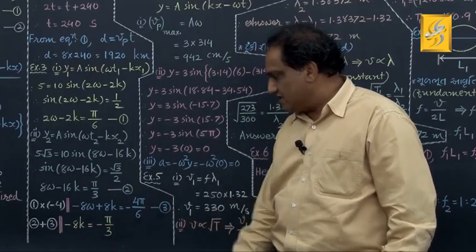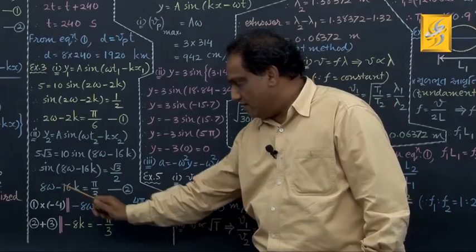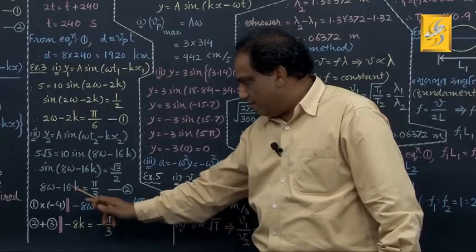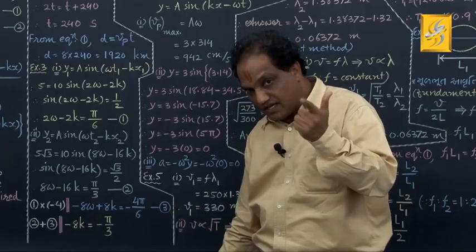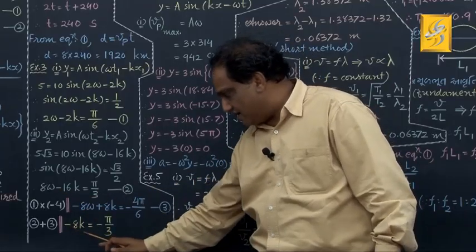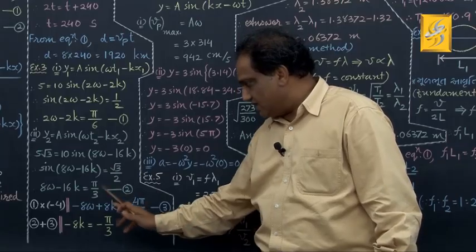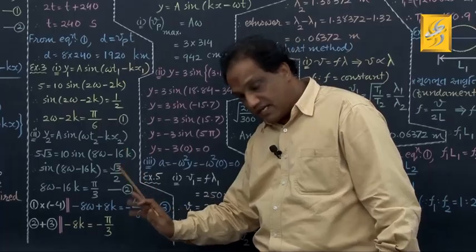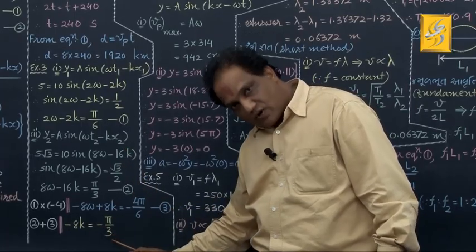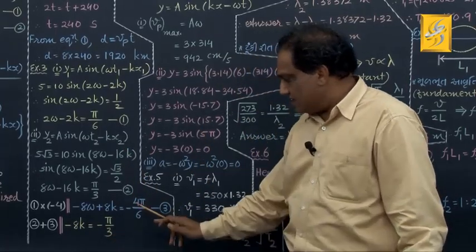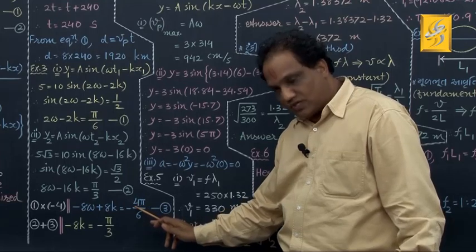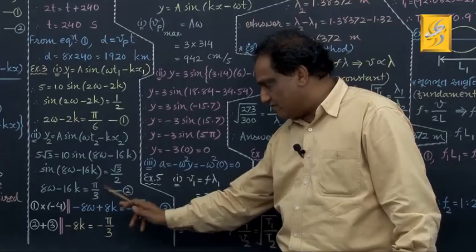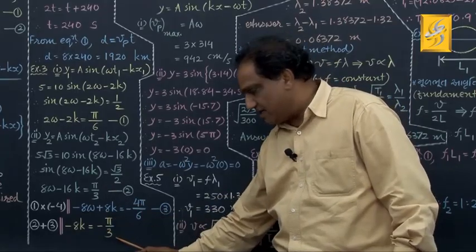If you add these two equations, then minus 8 omega plus 8 omega will get cancelled. 8k minus 16k is minus 8k. And this plus this: minus 4 pi by 6 plus pi by 3, it is minus 2 pi by 3 plus pi by 3, which will definitely be minus pi by 3, correct?